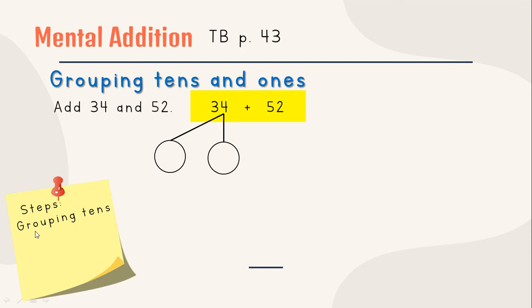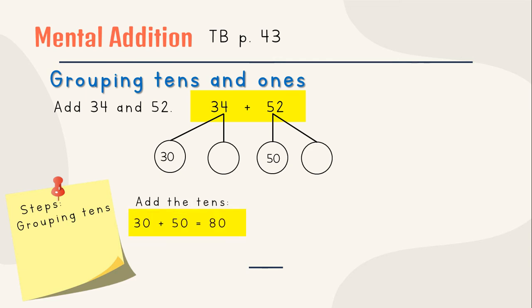As I write it down here in steps, grouping tens, look at this 34. Which one is tens? 30, that's it. And this 52, also 50, okay? After we have grouped the tens, we add the tens. So 30 plus 50 equals 80, okay?